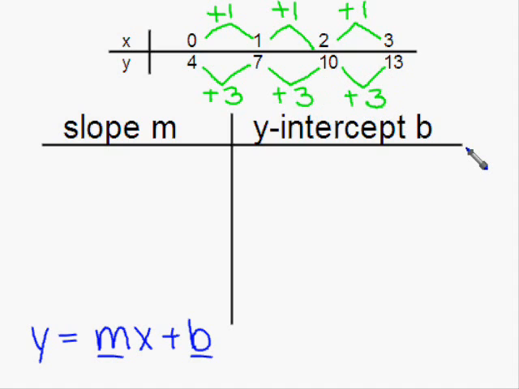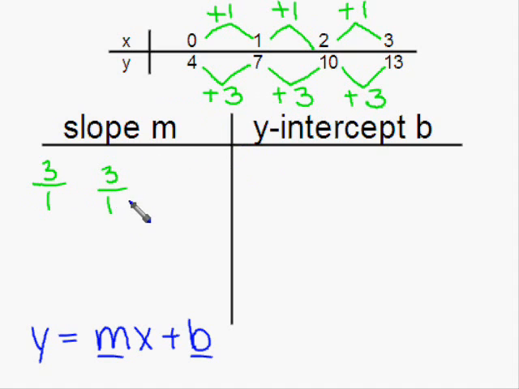So the rate of change is found by comparing the change in y to the change in x. So our first change in y is 3, and its corresponding change in x is 1. The next change in y is 3, and its change in x is 1.